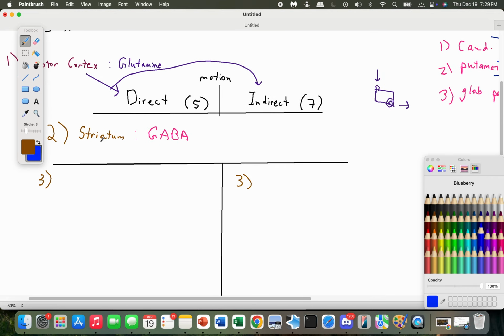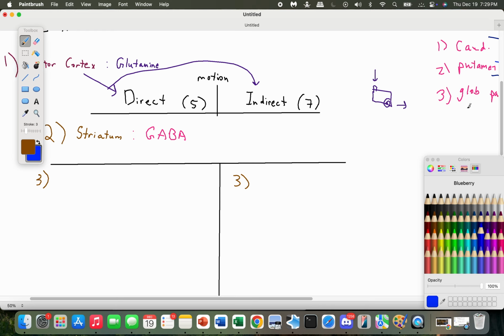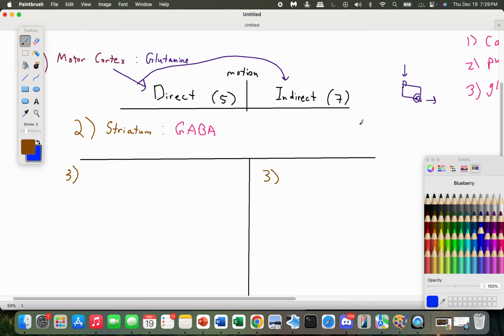Okay, well, if we're going through sticking the key in the engine, it's 1, 2, 3. It's not 1, 2, 2, 3, right? So we already did caudate and putamen. So that means the third step has to be talking about the globus pallidus. Great. So this step right here is going to be talking about the globus pallidus.